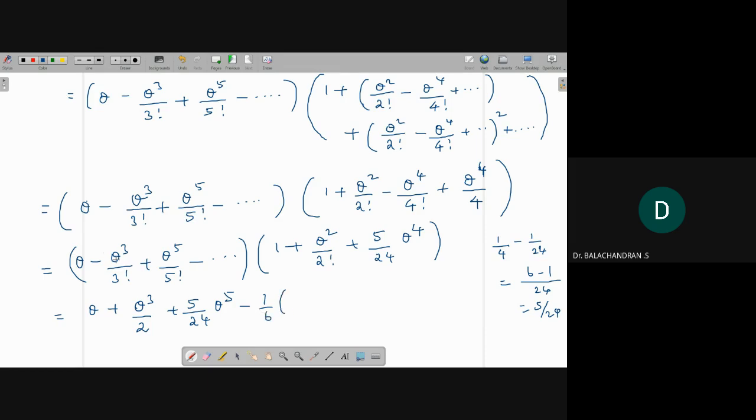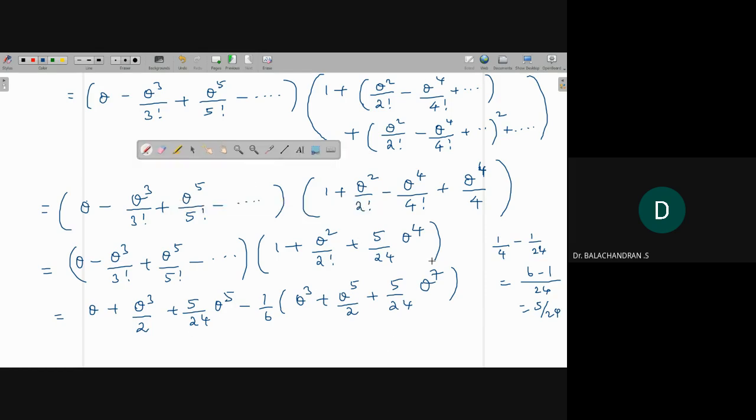If I multiply by theta cube, you will get theta cube into 1 is theta cube, plus theta power 5 by 2 factorial is 2, plus 5 by 24 into theta power 7. Actually, I don't need theta power 7. That's why I'll just cross it, because I need up to maximum theta power 5.